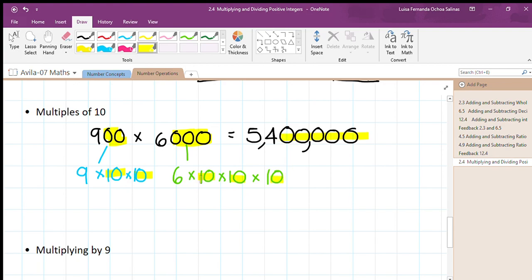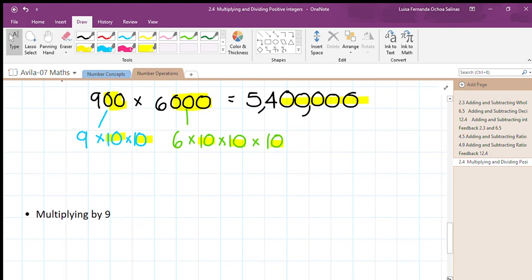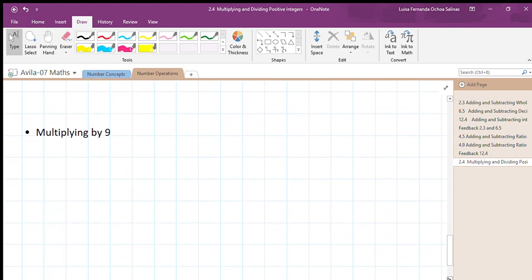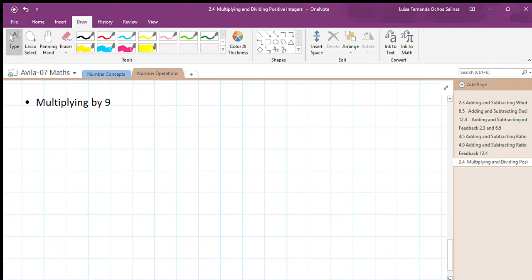Okay, girls, the last strategy that we're going to practice today is every time that I'm being asked to multiply by 9. So let's say that I'm being asked to multiply 25 times 9. Okay, so I'm going to do this one in my head.